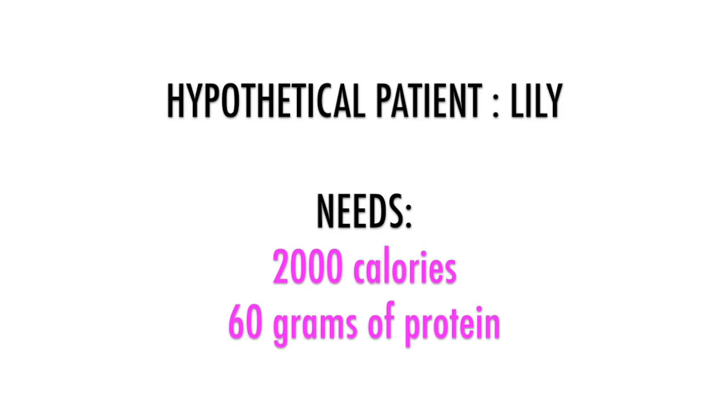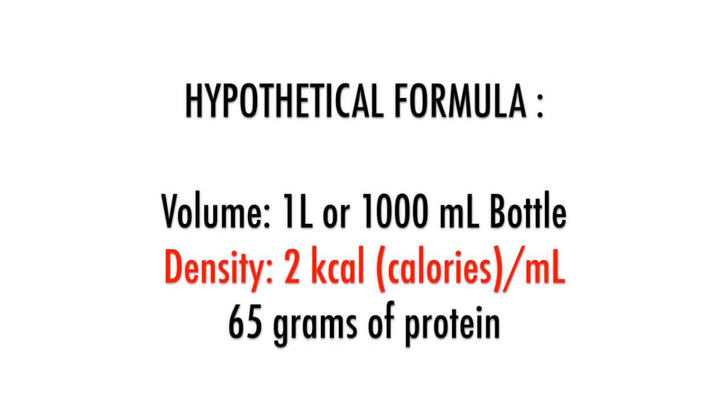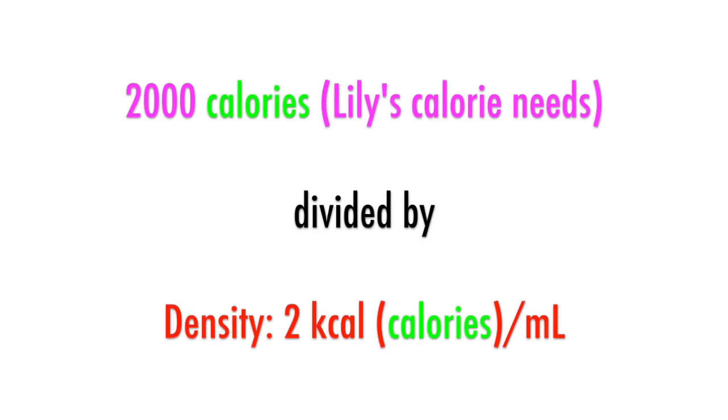The first thing that you want to do is determine the daily volume based upon the patient's needs. So again, Lily needs 2,000 calories, and you are told that the density is 2 kcal per ml. So you take that 2,000 calories and divide it by 2 kcal per ml.